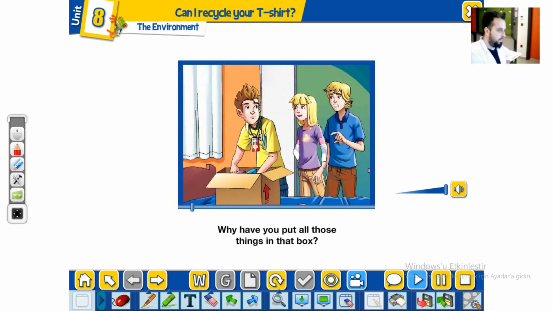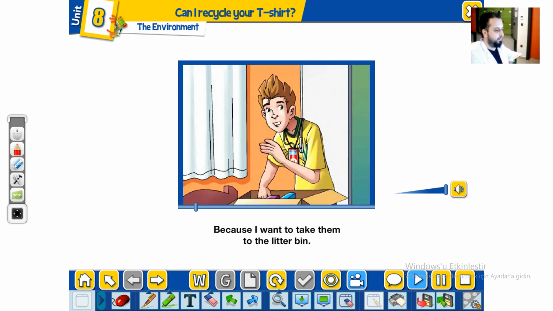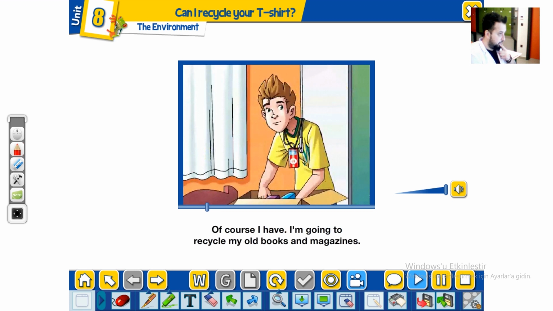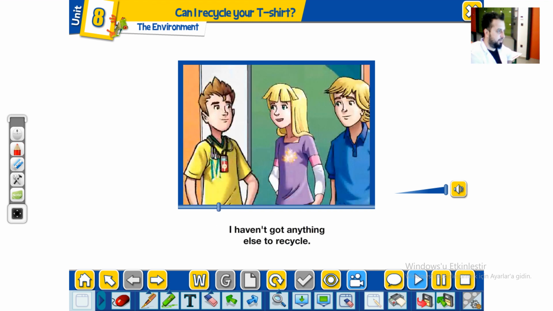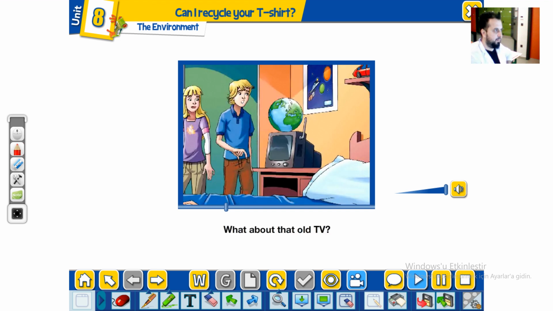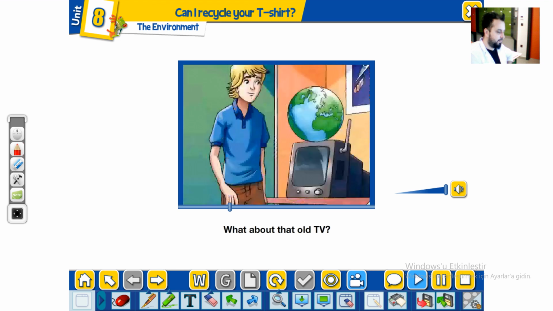Why have you put all those things in that box? Because I want to take them to the litter bin. Haven't you heard about recycling and saving energy? Of course I have. I'm going to recycle my old books and magazines. I haven't got anything else to recycle. What about that old TV?